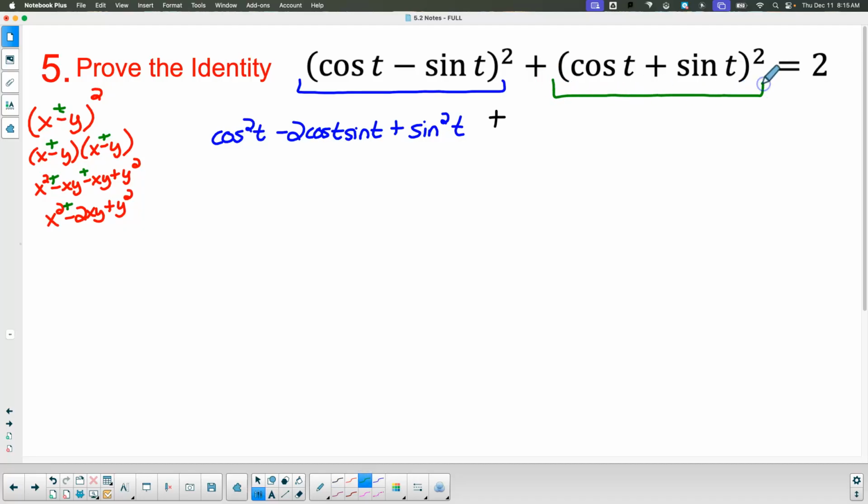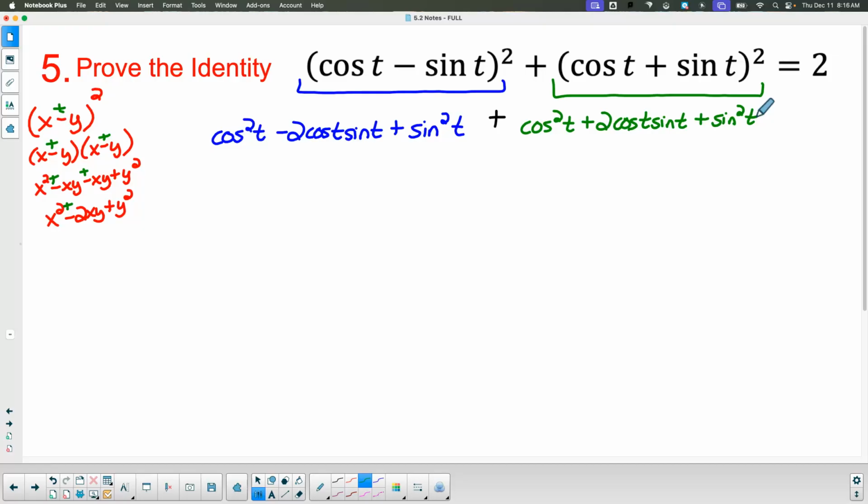Cosine of t plus sine of t quantity squared then would be cosine squared of t plus 2 cosine of t sine of t plus sine squared of t. It's that.